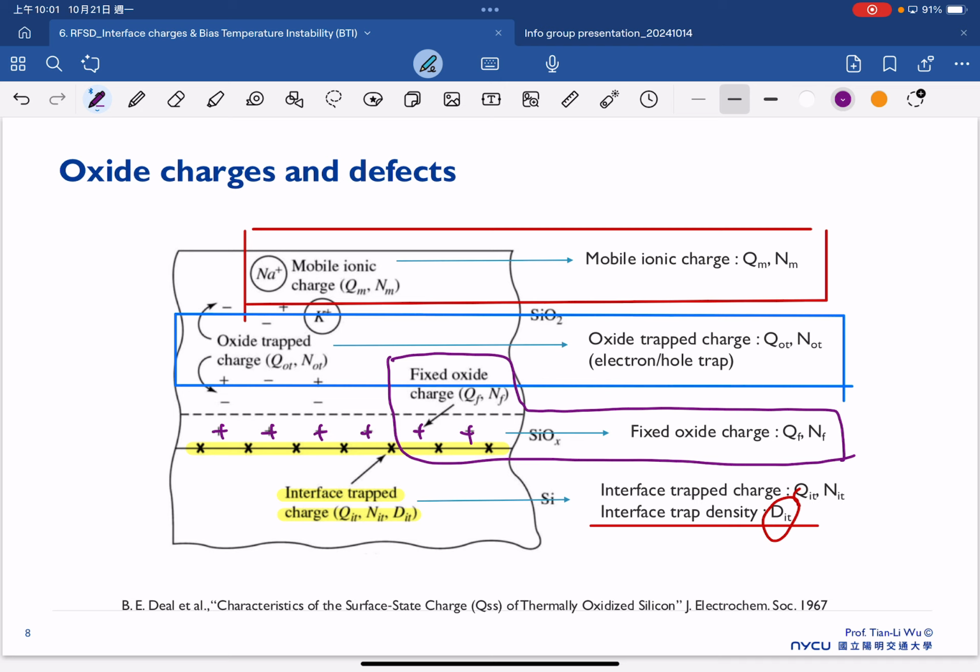This is the charge that we generally call fixed oxide charge.